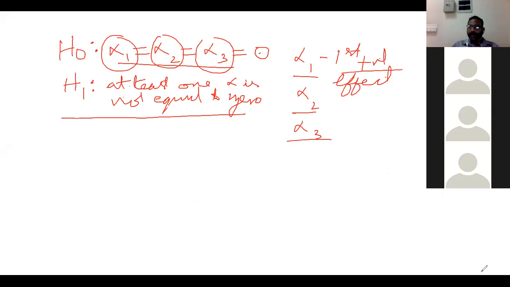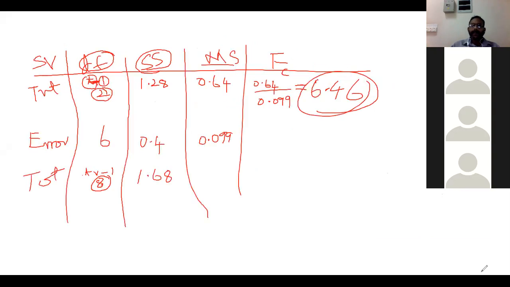Even using a calculator, you all are making a mistake. I don't have a calculator, so that's why I said you do it. Yes, mean square of error is 0.066.